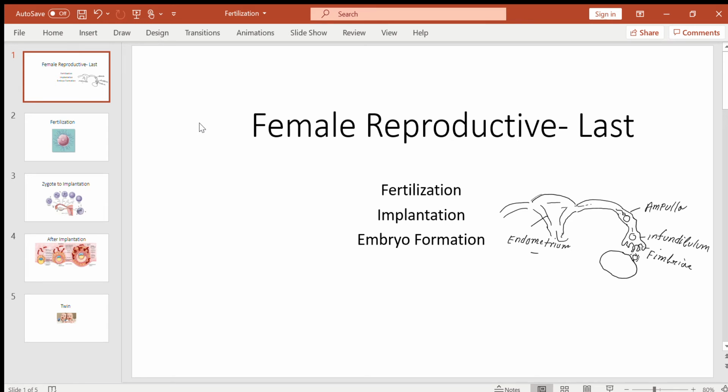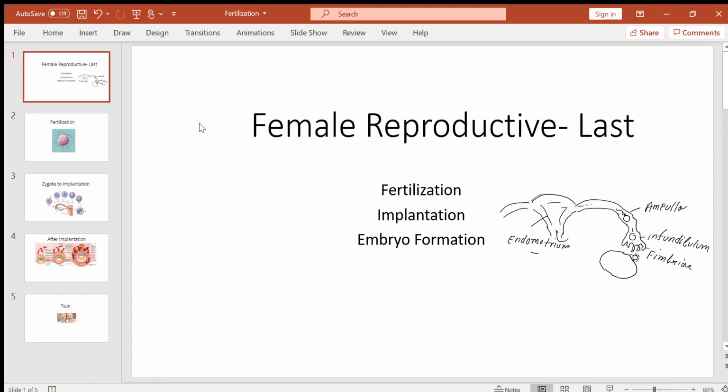Okay, and that will cause the fertilization. The sperm will get attached to the ovum and will fertilize it. Okay, will penetrate inside the ovum, and that is the fertilization.